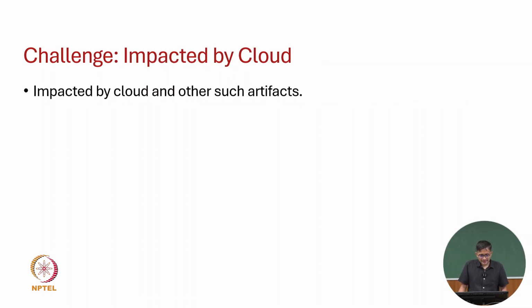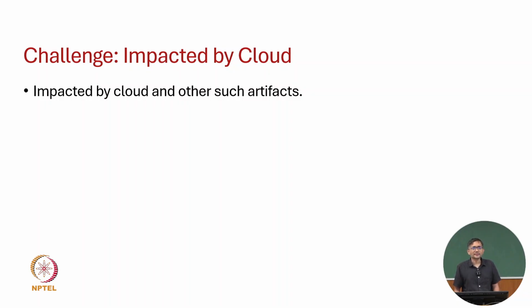Now, this is of course an aspect which is very important, and the reason that we will later talk about synthetic aperture radar images or active sensor based images. What we see is that our optical sensors are impacted by cloud or other such artifacts. This means that when I say that Sentinel-2 or some other sensor is available every 5th day, it's not always actually available every 5th day.